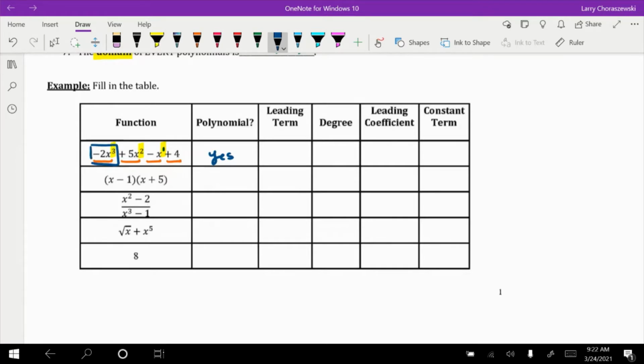So the leading term would be negative 2x cubed. And keep in mind the leading term contains the degree. Okay, so the power on x in the leading term would be our degree. So that would be 3. The leading term also contains our leading coefficient. Okay, and our leading coefficient would be this negative 2.